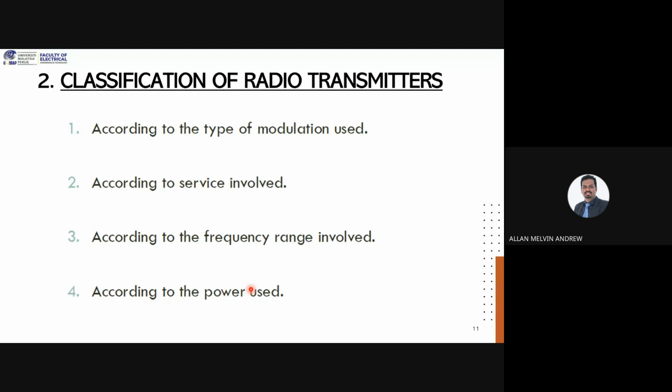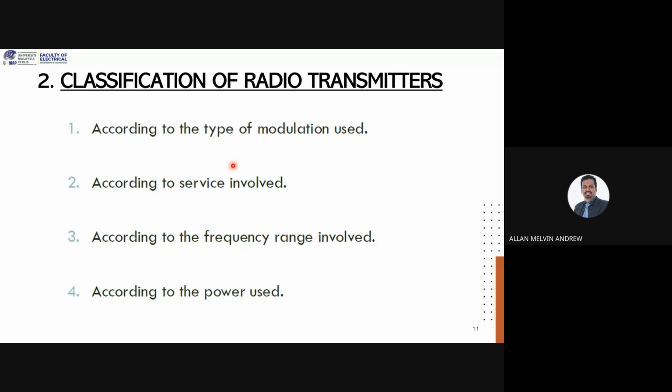But if you want to transmit from here to Kuala Lumpur, you need a better radio transmitter, because the distance is almost 500 kilometers, and in between you have mountains and different landscapes, so you don't want any transmission loss. So you need proper power so that it can withstand and go above all these obstacles.